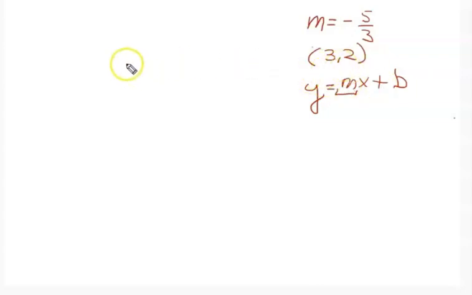So we had done one like this, but we'll do some repetition. So we know our slope is a -5/3, and we know our x value is 3. We don't know what our new b will become, but we know our y value is 2.